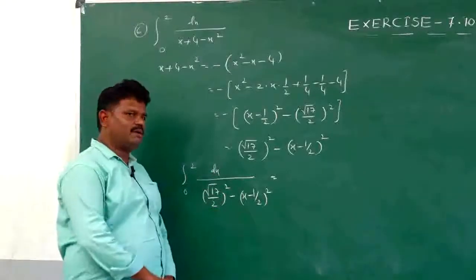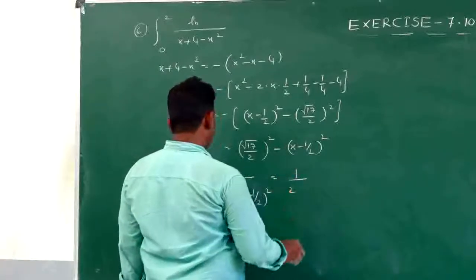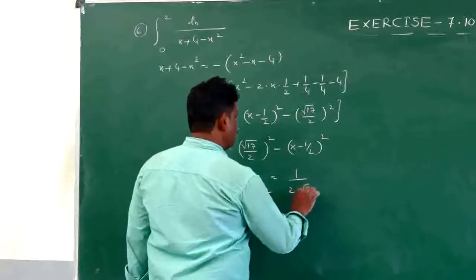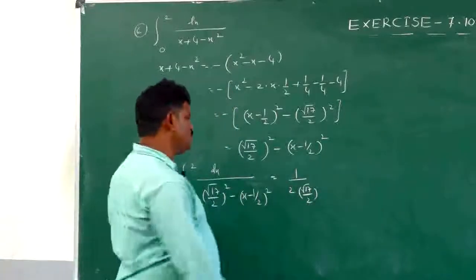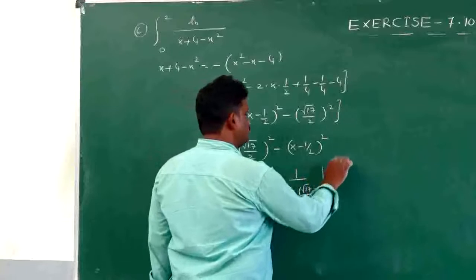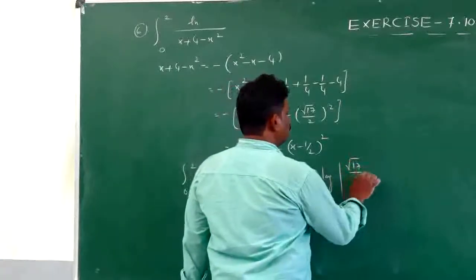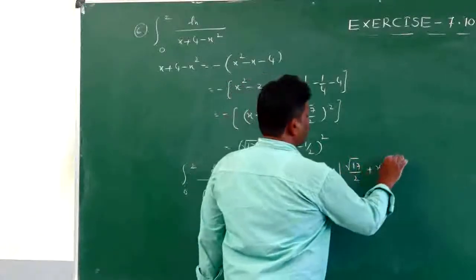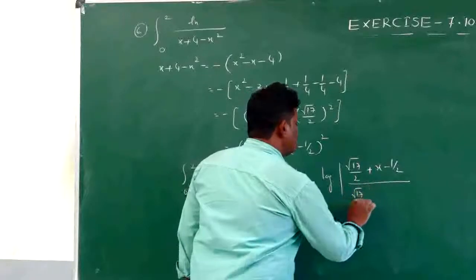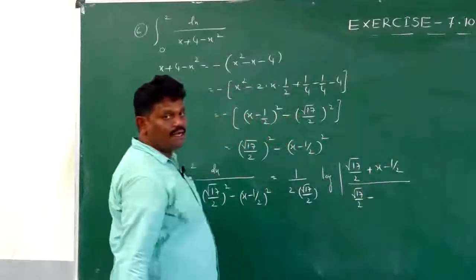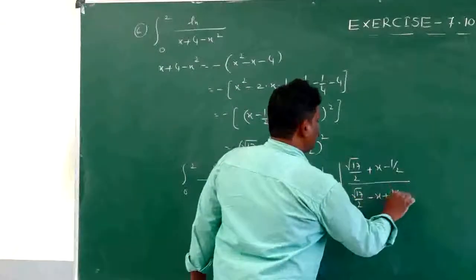So 1 by 2a, a is equal to how much here, root 17 by 2 value, into log of this value, a plus x divided by a minus x: root 17 by 2 plus x minus 1 by 2, divides root 17 by 2 minus x plus 1 by 2 value.